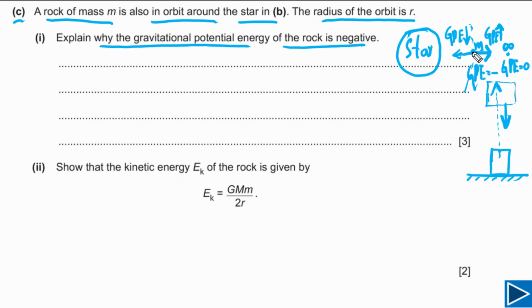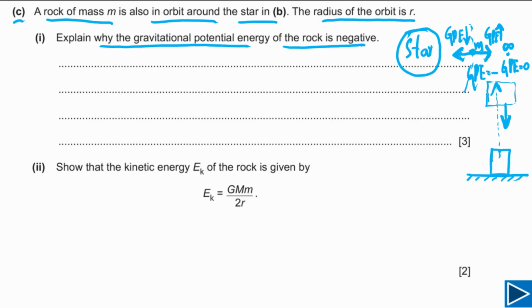But if we move this way, the work is done by gravity. So it means energy got out of the system, so the GPE of this rock will decrease, and that will be more and more negative.